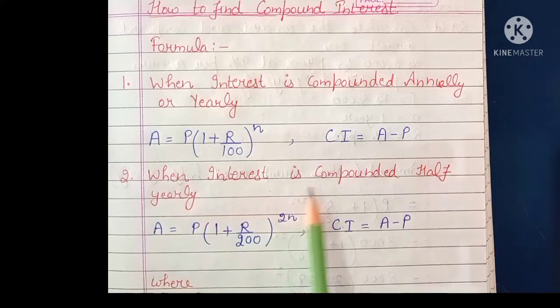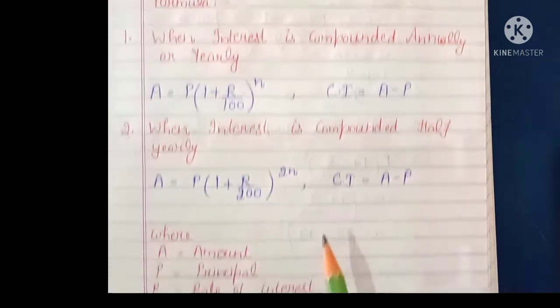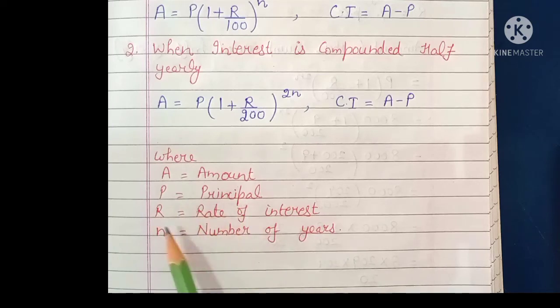And when interest is compounded half yearly, the formula for amount is P bracket 1 plus R upon 200. Students, please note down here R upon 200 and the raised power is 2n. And the compound interest will be amount minus principal, where A is the amount, P is the principal, R is rate of interest and n is number of years.